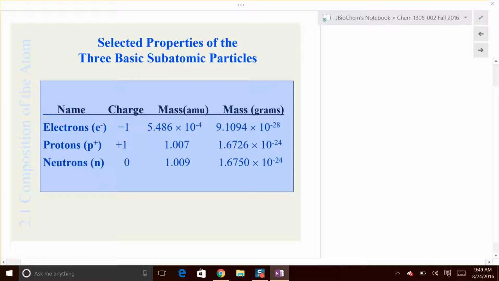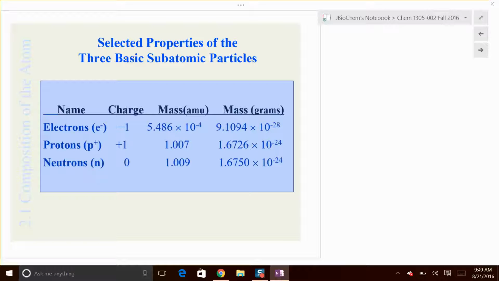All right, this is just kind of showing the actual masses in gram quantities. So what we were just calculating the mass of an atom to be was in atomic mass units. For a single atom, 1 proton weighs 1 atomic mass unit, 1 neutron weighs 1 atomic mass unit.